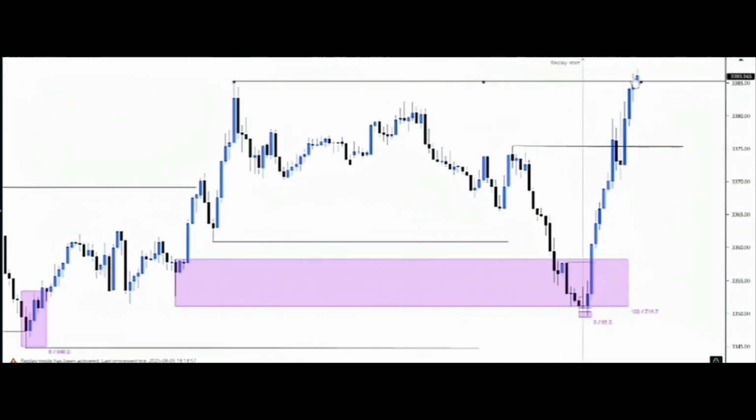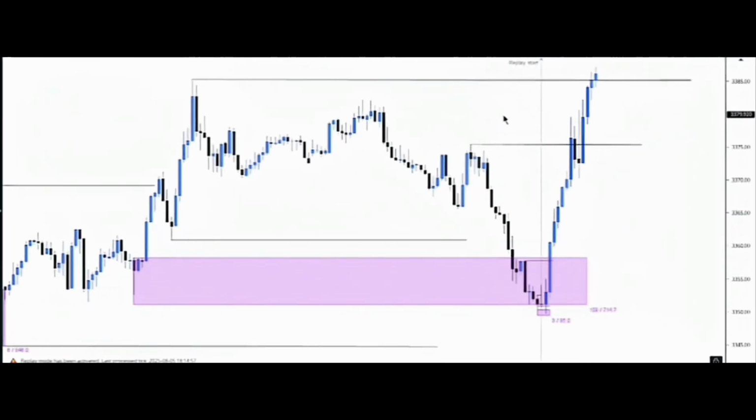So immediately price closes above this range high, you will need to get back to your higher time frame to do the analysis breakdown again before you can take any trade. I hope you understand what we're talking about. So this is the simplest form of getting a lower time frame entry confirmation using higher time frame perspective.